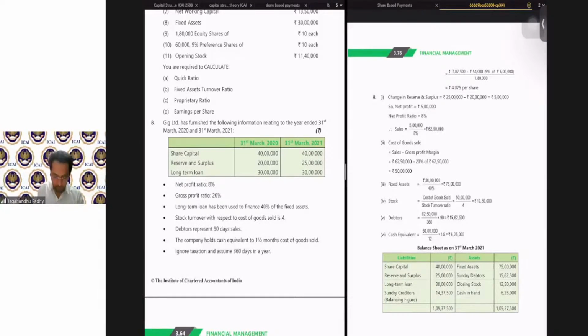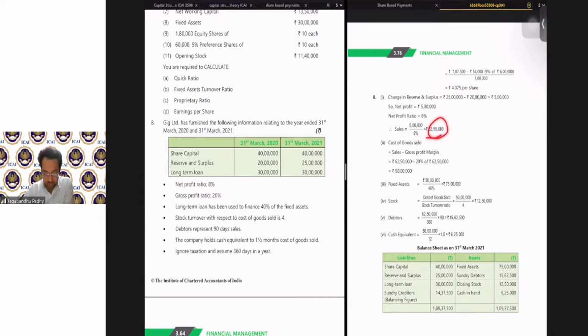But over here, reserves and surplus was 20 lakh and it has increased to 25 lakh. So obviously the difference, 5 lakh, is the net profit for the year. Since the net profit margin is 8%, it's computed as 5 lakh divided by 8% as the sales figure. That's 62 lakh 50,000. So sales is 62 lakh 50,000.